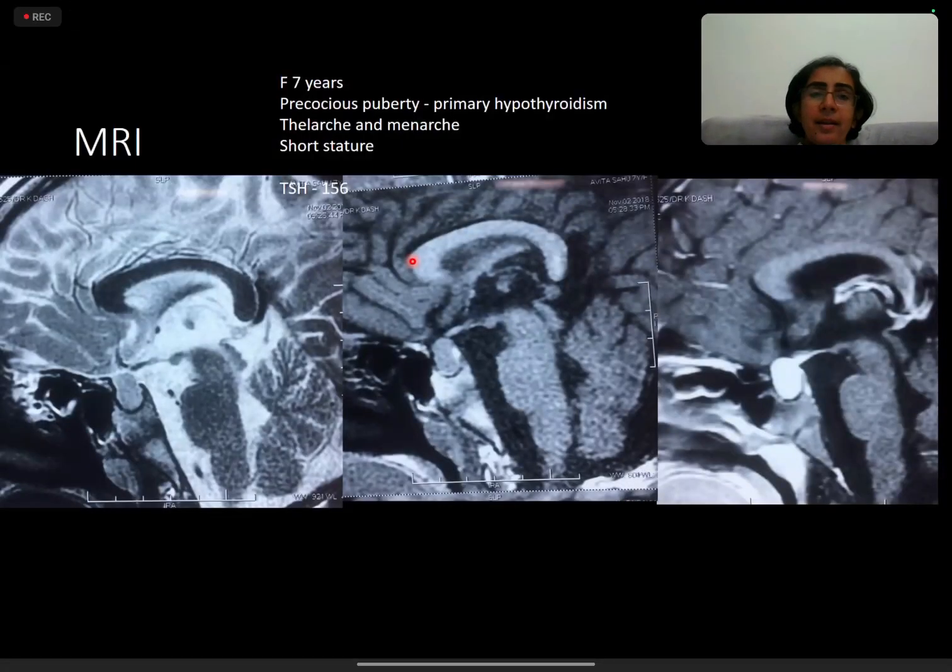Okay, now here is another patient, a teenager with precocious puberty, thelarche, menarche, short stature, elevated TSH. She came for an MRI.